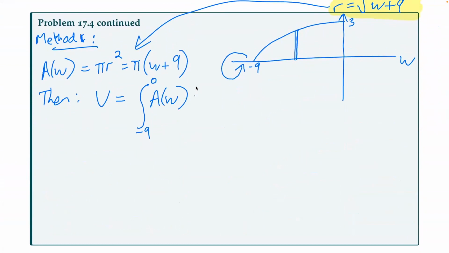So we have our area at a point W, and we're integrating with respect to W. Now we just need to substitute in our A of W from above, which is just this line here. So the pi is just a constant, so it can come out the front. This is a definite integral from -9 feet to 0 feet of W plus 9.